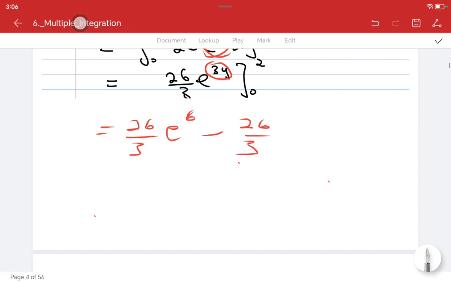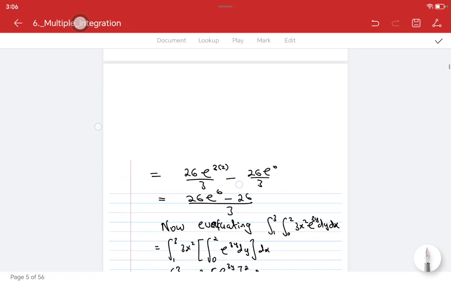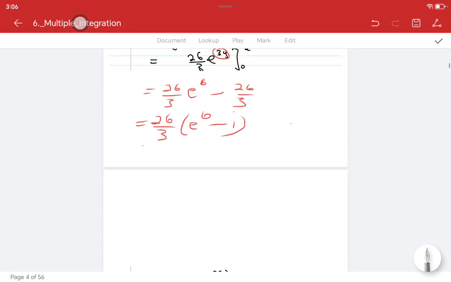So this will be the case, right? I can even factor this out, or you can even do this at the end. You could cross multiply this and that, or actually you're not even going to cross multiply because this is the same base. You're just going to say 26 e to the 6 minus 26, all over 3.